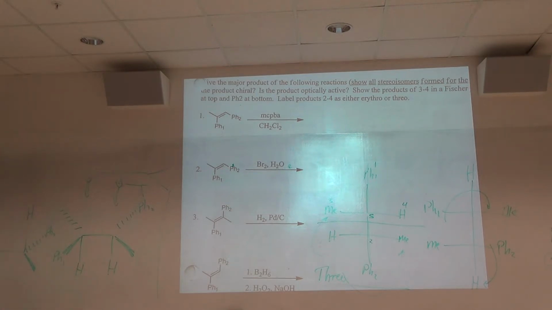And these are actually enantiomers. To really see they're enantiomers, you'd have to draw this in a Fischer projection, and you'd have to rotate it. If you rotated it, it would mirror what we have over there. You can also see they're enantiomers by doing R and S real quick.